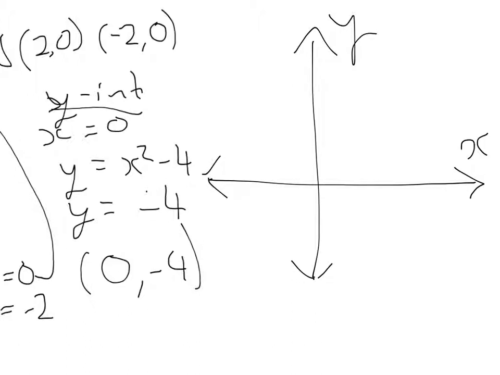First point, 2, 0, so once again we start at the origin, across 2, up and down, nothing. So there, I'll mark that there as 2. Same point, minus 2, 0, goes across here, so minus 2 there. The next point, 0, minus 4. So we go down the y-axis to minus 4.